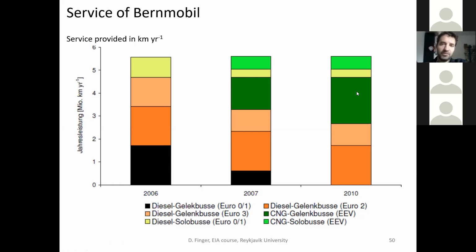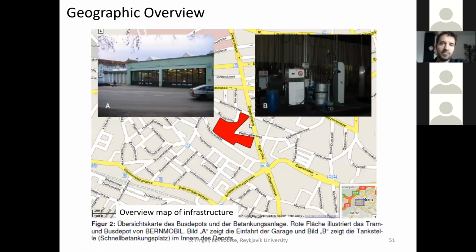So we did some map overlaying and described where the gas station is. In this particular case, the gas station was in the central city, which created some concerns from the surrounding residential areas, because they were concerned that natural gas is more explosive and could lead to an increased fire risk.